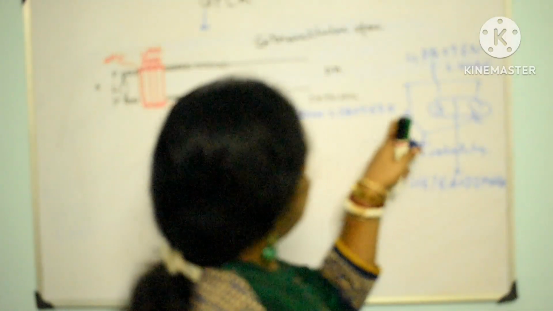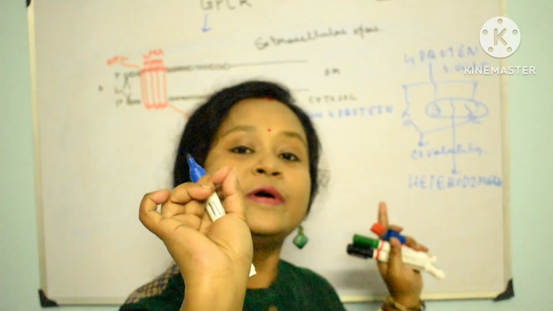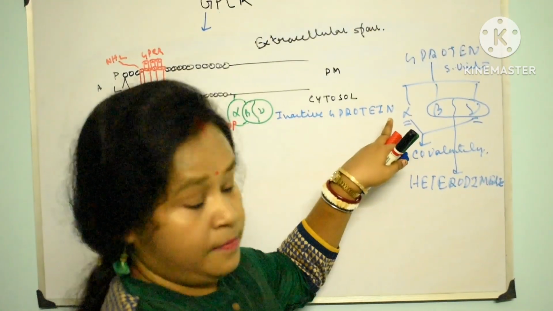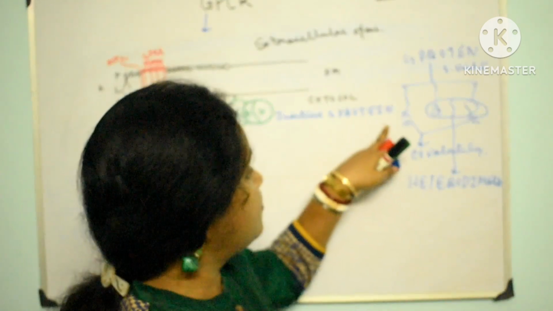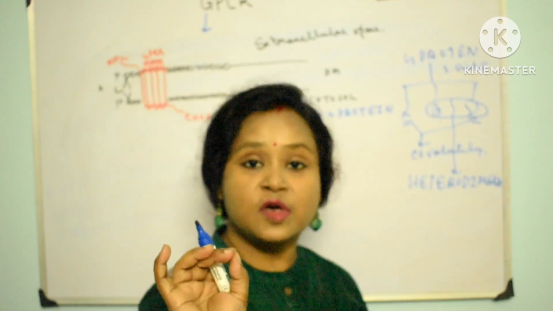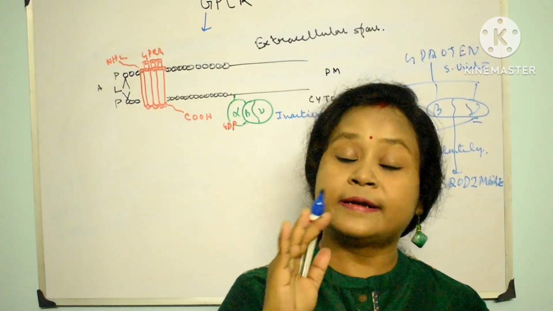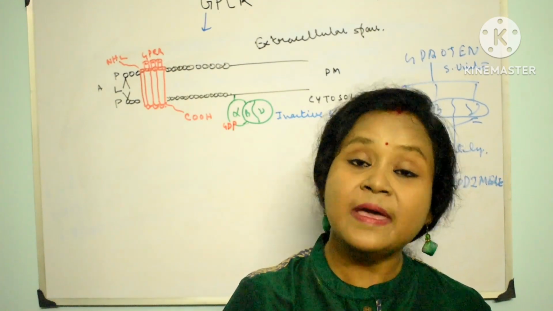This alpha subunit is a GTPase switch protein. So the main function of G protein is performed by the alpha subunit, as it is a GTPase switch protein. This helps to alternate between the active GTP form and the inactive GDP form.